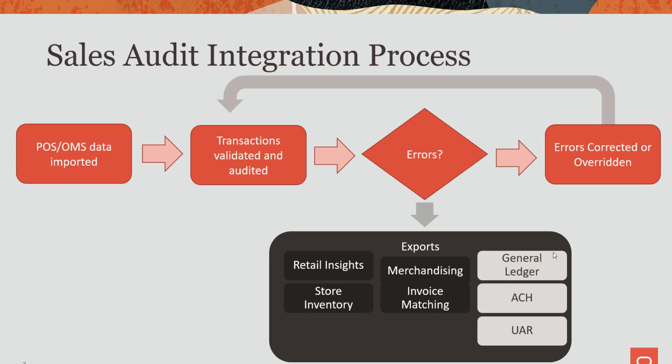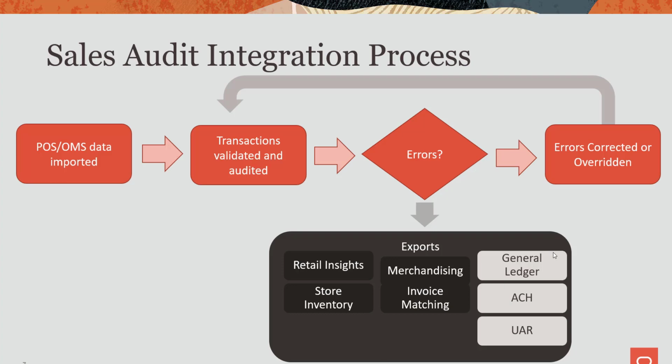When the sale data import is complete, sales audit audits the data based on the rules defined by the retailer and may find additional errors. During the audit, sales audit may identify some discrepancies. Such discrepancies are also stored in the system as errors.